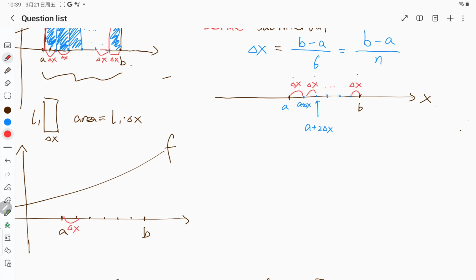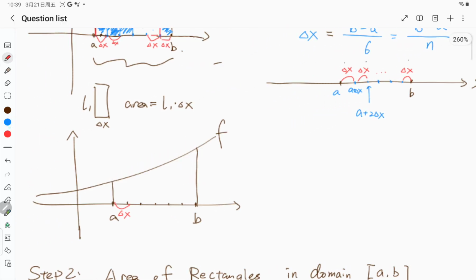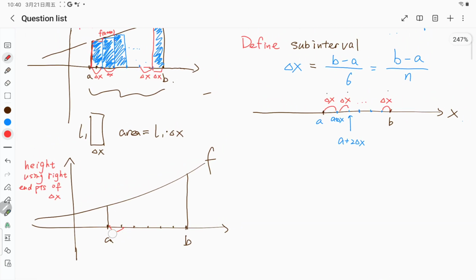And again, when we draw rectangles, from here to here, we want to calculate the area, but we approximate by rectangles. And here I calculate the height using the right endpoints of delta x.